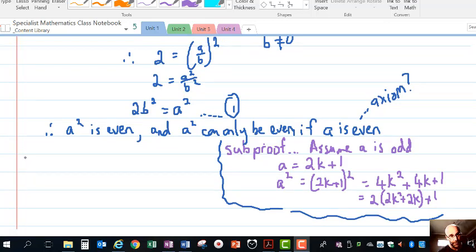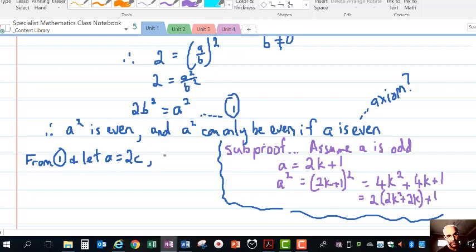So if a is even and we use statement 1, and letting a equal 2c, I'm not going to use k again, I'm going to use a different letter, where c is an integer. We have 2b squared.